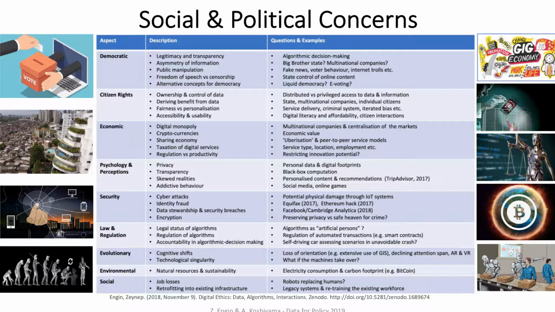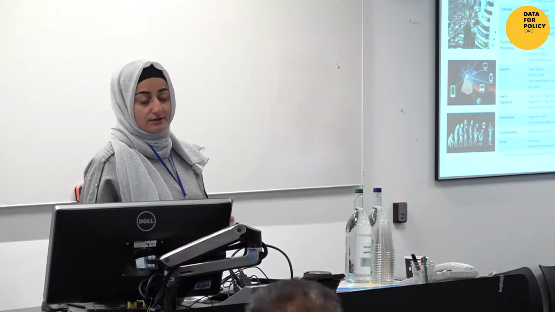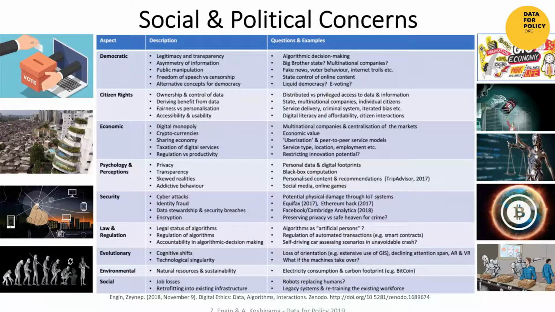And in another recent working paper, we have tried to summarize a range of different problems that we thought would fall into this area. It again starts with our democratic processes, how we deal with representation, what we think about freedom of speech, censorship, how we have alternative concepts of democracy, like in the case of liquid democracies, e-voting schemes, etc. We are talking a lot about citizen rights, ownership, who owns our data, who controls that data.